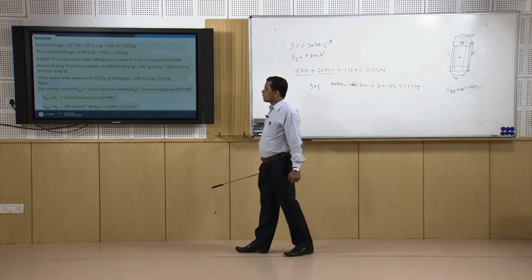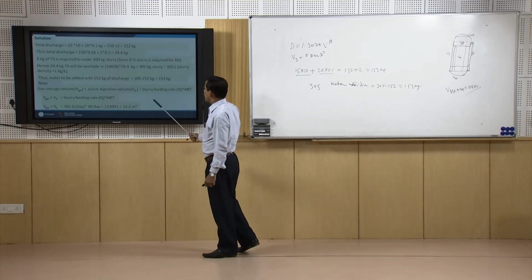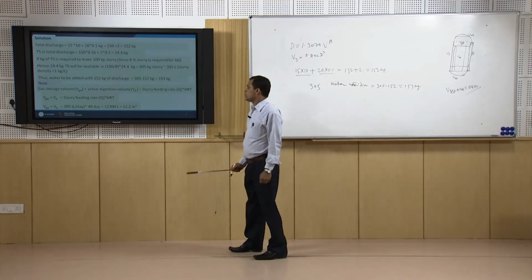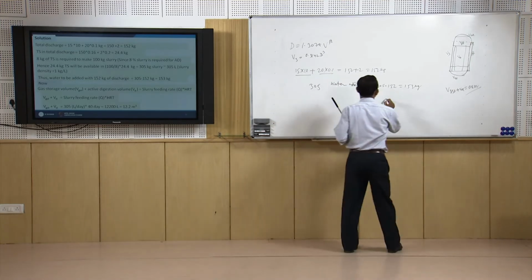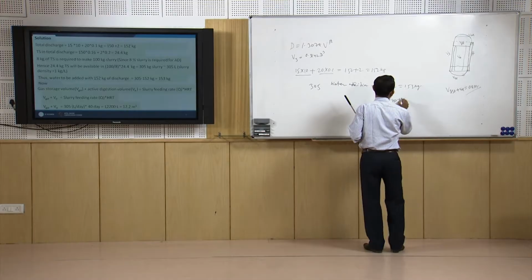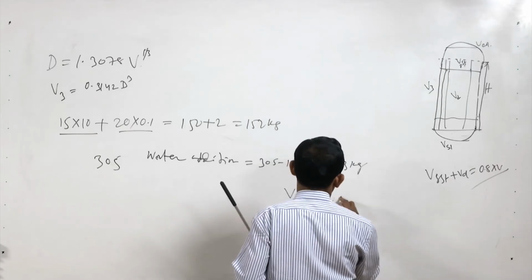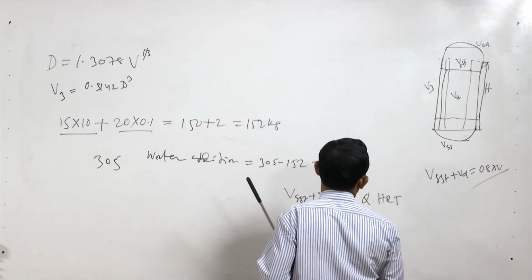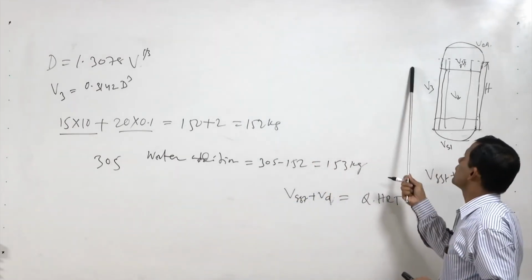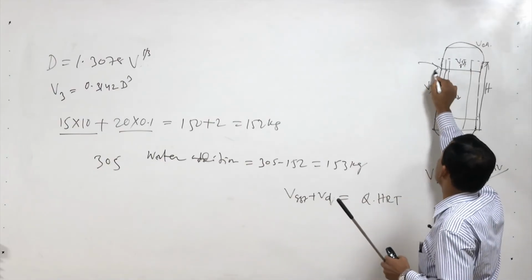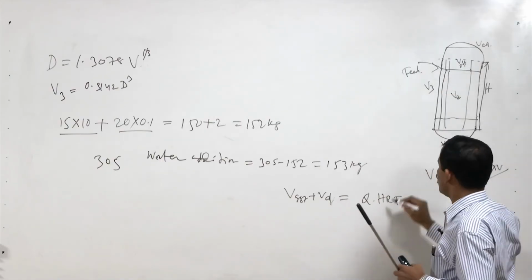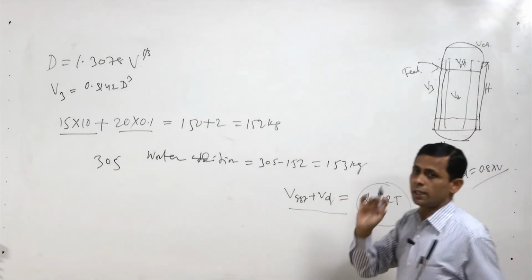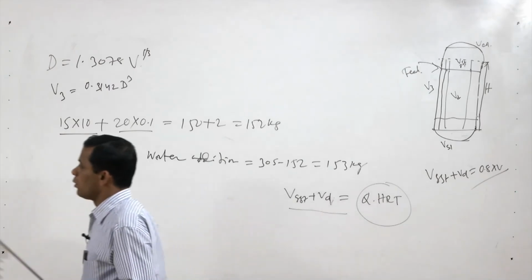And VGST plus VD is equal to slurry feeding rate Q into HRT. If we multiply the feeding rate by the retention time, we will get VGST plus VD. We have discussed this in the anaerobic digestion module.